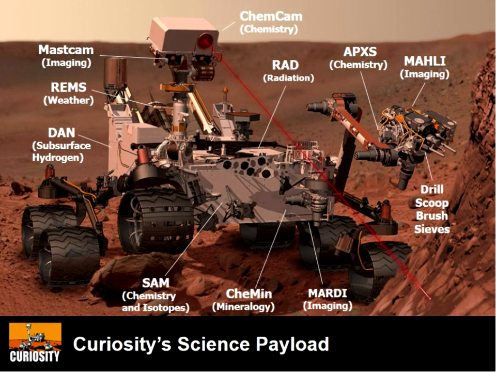One called SAM, which looks at the chemistry of rocks and soils and the different isotopes of the different chemical elements that are in those, and one called CheMin, which tells us what minerals are present in all the rocks and soils. And so the drill drills into rocks, gets the powder that it created while drilling, and then delivers that powder into these laboratories inside the rover. And then the remainder of the instruments are more environmental sensing, like weather and what's under the surface in terms of chemistry, and then a radiation detector.